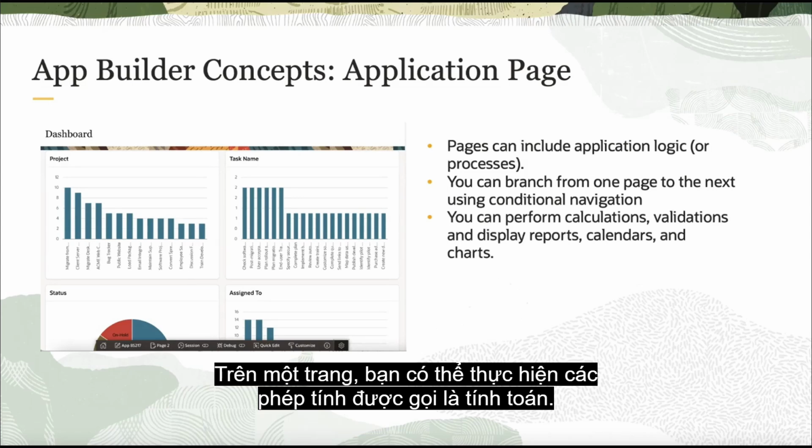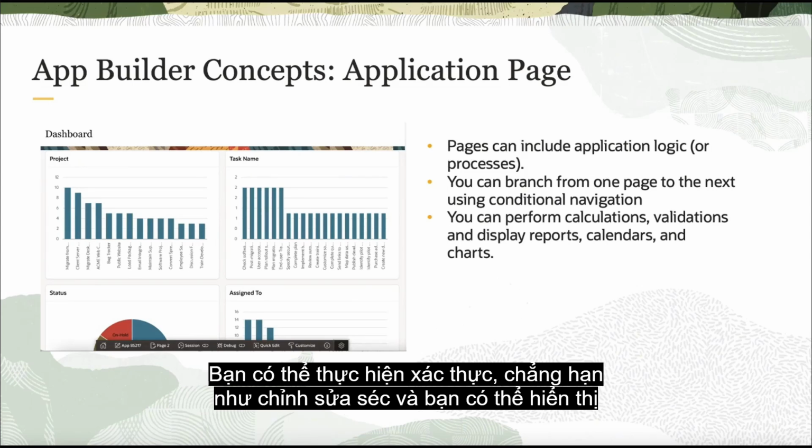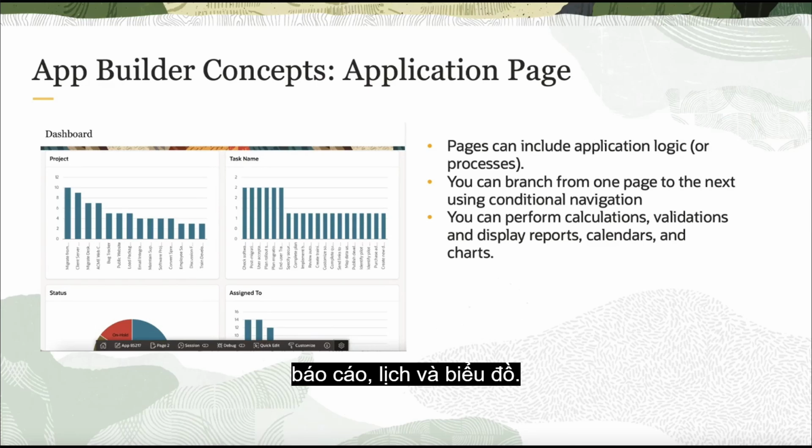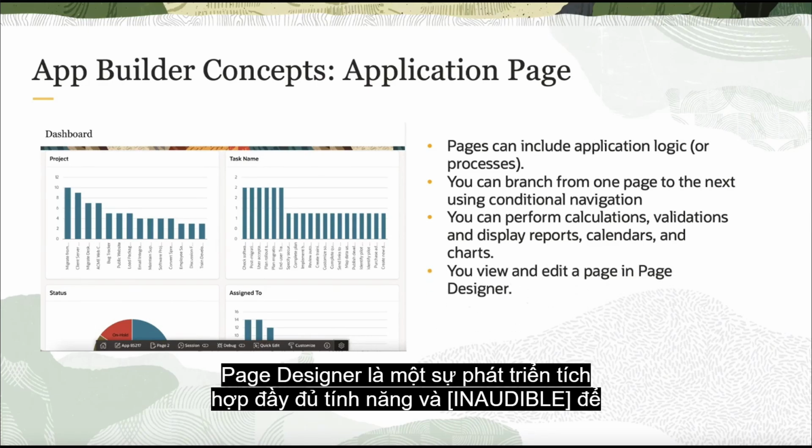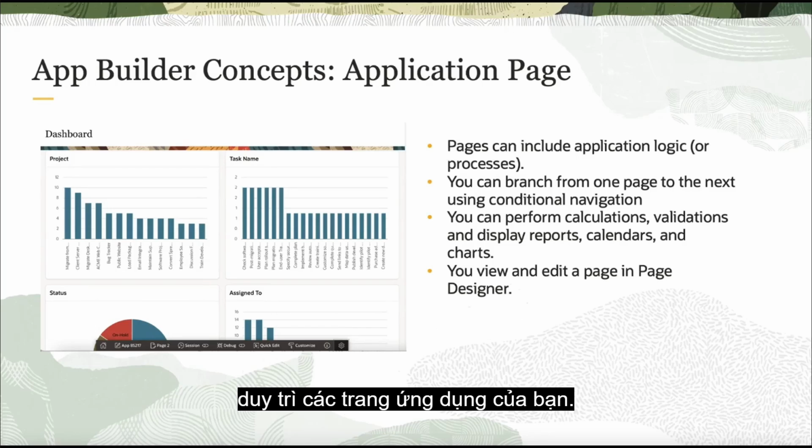On a page, you can perform calculations called computations. You can perform validations such as edit checks, and you can display reports, calendars, and charts. You can view and edit a page in Page Designer. Page Designer is a fully featured, integrated development environment to maintain your application pages.